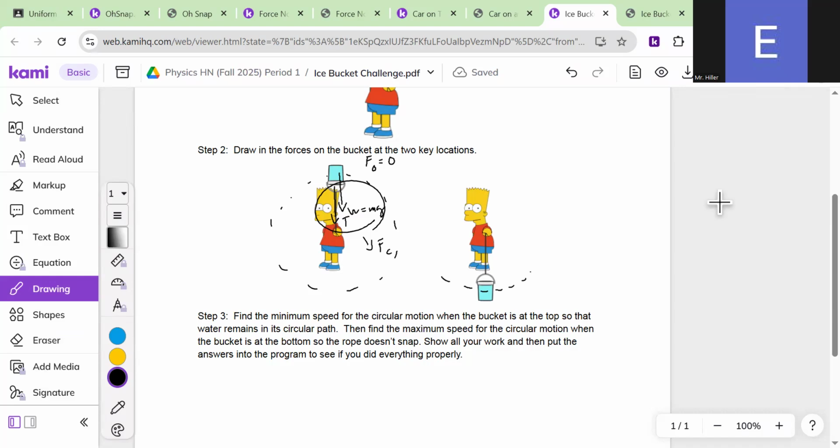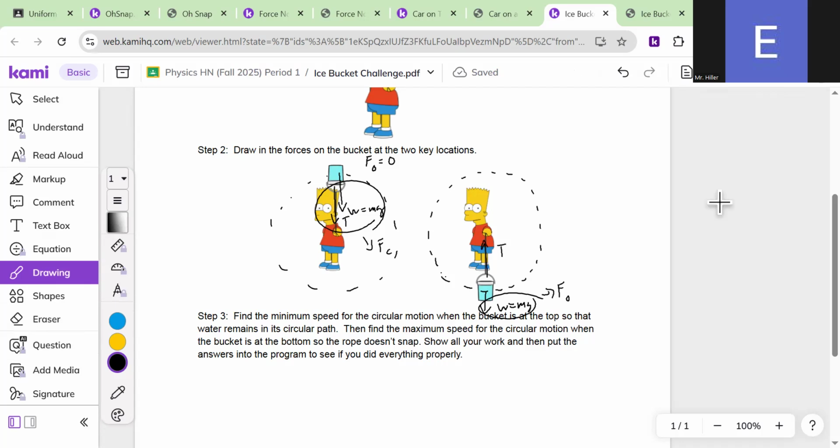Here's the circular path right here. And at the bottom of the circle, you've got the weight equals mg. It's not just pointing down. You'll notice it's pointing out of the circle. That makes this an opposing force. Tension is not just pointing up, it's pointing into the circle. That makes this a causing force.